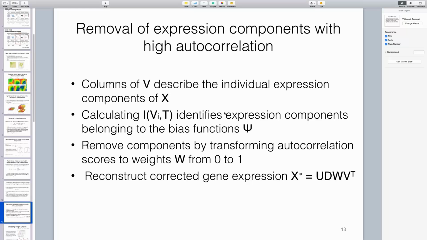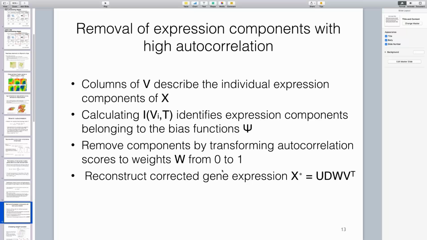If we calculate the autocorrelation I for each column of V, given the topology of the plate, we can identify the components with a high bias, and those are the functions that we look for. The key is to remove the biased functions, or these biases, from the data.